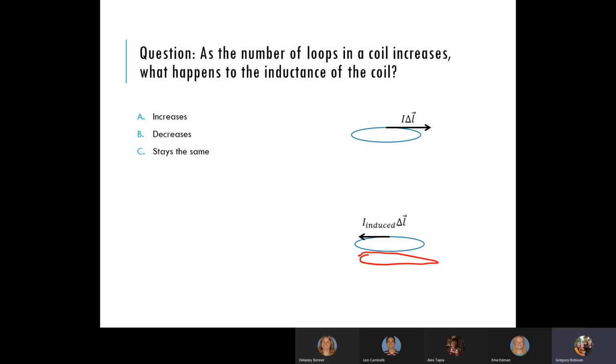So as I increase the number of loops in the solenoid, the inductance of the coil will increase. There are more coils to experience that induced current due to the applied magnetic field. More coils, higher inductance. The more it will oppose a change in current. Might be a better way of saying that.